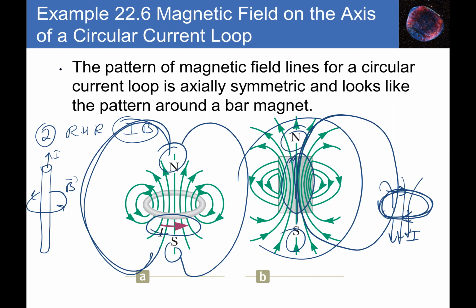Magnetic fields, unlike electric fields, don't have a start point or end point. They always go around in loops. Electric field has a starting point and a termination point. Magnetic fields, they don't.